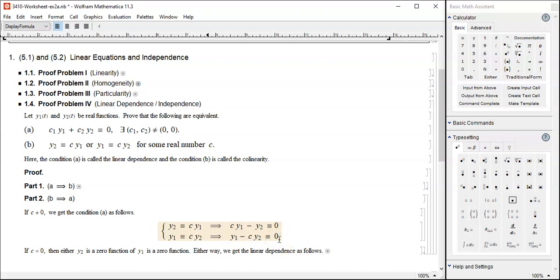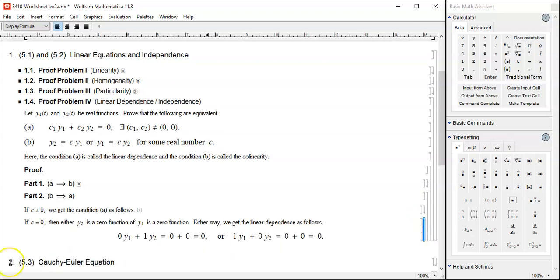Now, what if c is equal to 0? In that case, c is equal to 0. If this is equal to 0, then y2 is a 0 function. So we can write like this: 0 times y1 and 1 times y2. And 1 times y2, this is a 0 function. So 0 plus 0 is equal to 0.